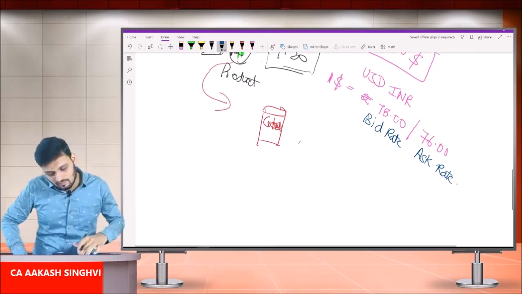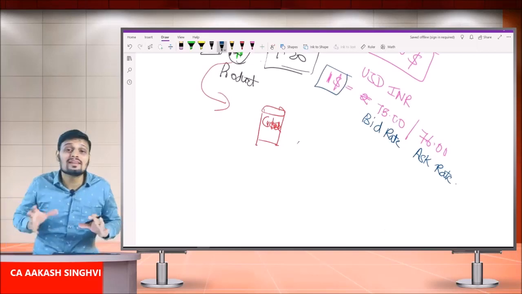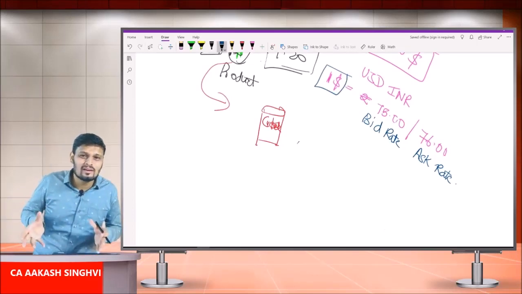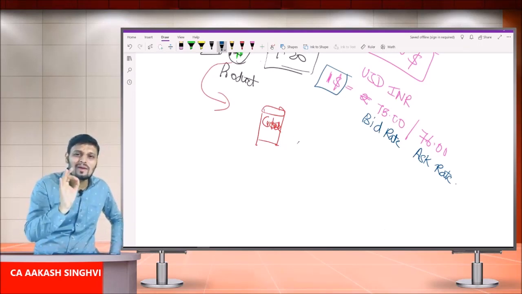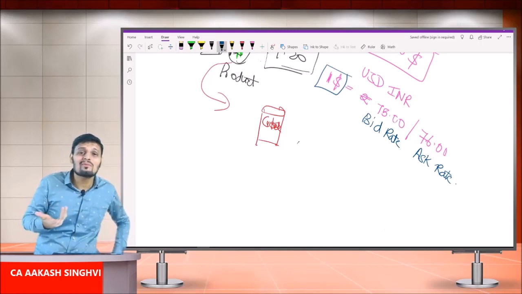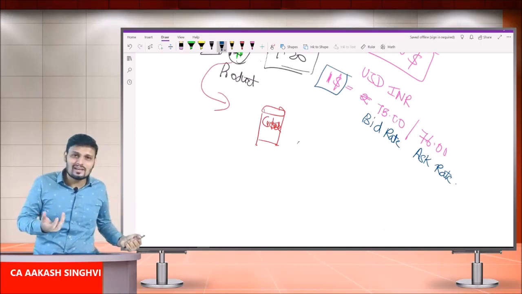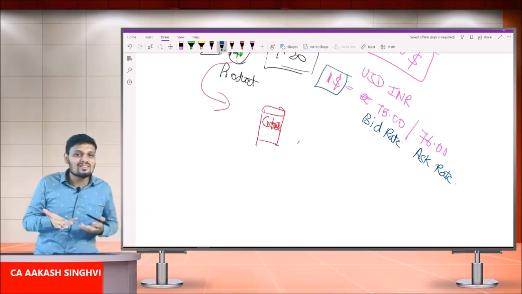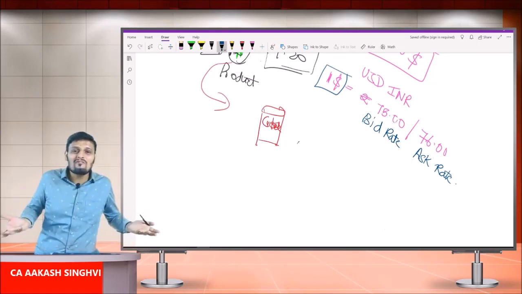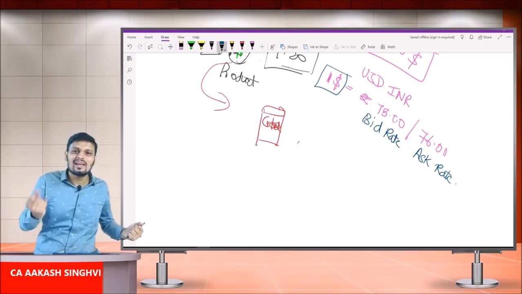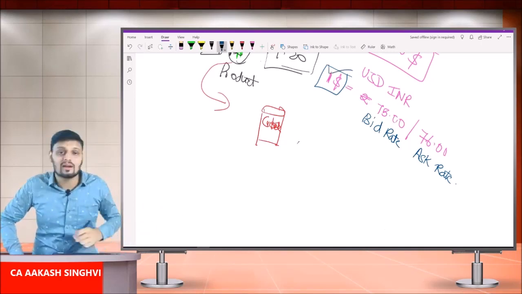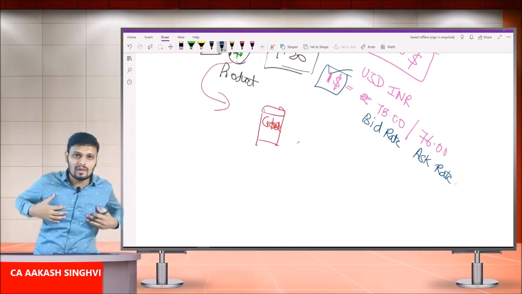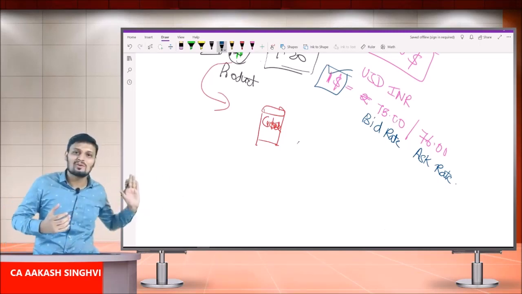Now I'll tell you one more thing. From the Western Union point of view, any person doing business, no matter which country, will always try to make profit. How? He will buy at a cheaper rate and sell at a higher rate. That is the only funda of making profit in a business. Now the product is dollar, and I am the shopkeeper with dollars lined up to sell.